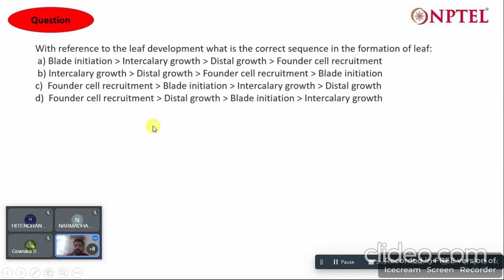So, with reference to leaf development, what is the correct sequence in the formation of a leaf? Is it blade initiation, intercalary growth, distal growth, founder cell recruitment; intercalary growth, distal growth, founder cell recruitment, blade initiation; or founder cell recruitment, blade initiation, intercalary growth, distal growth?